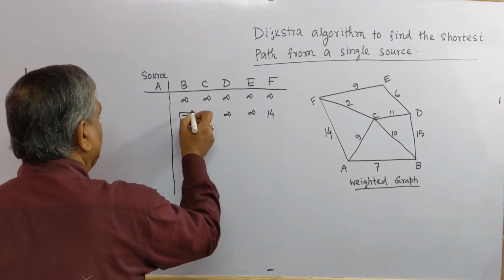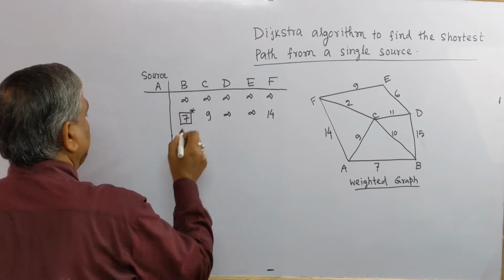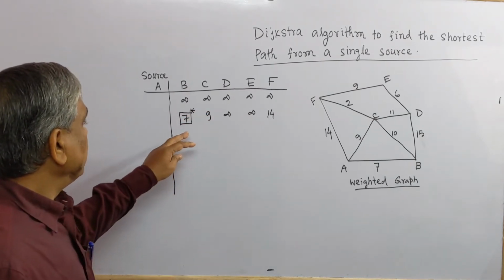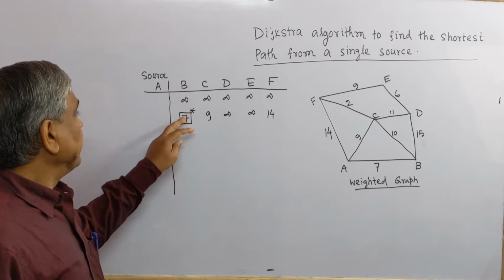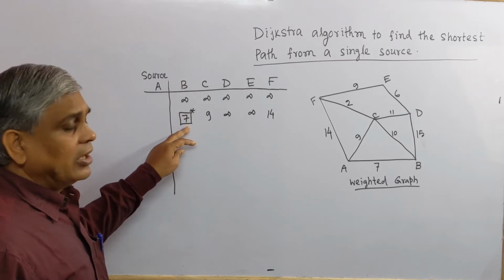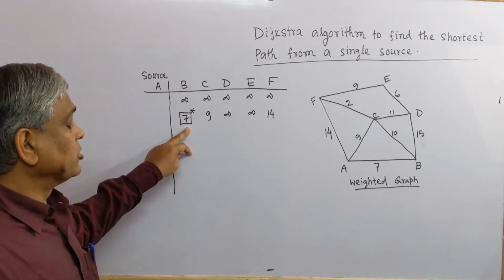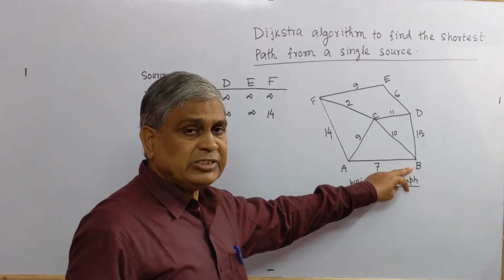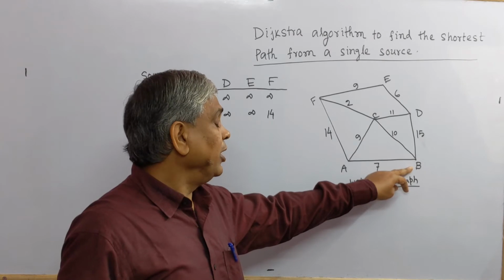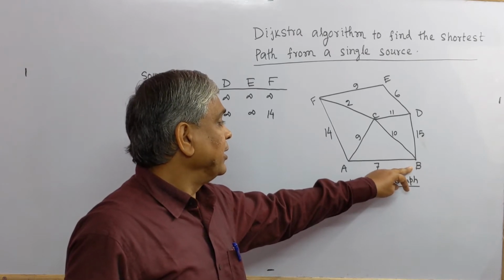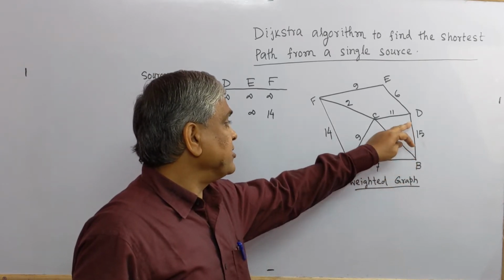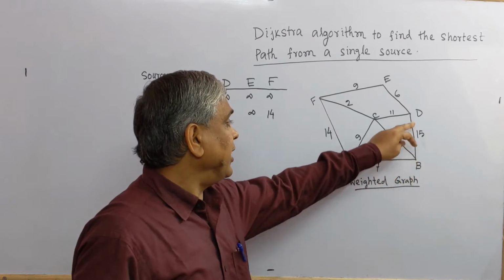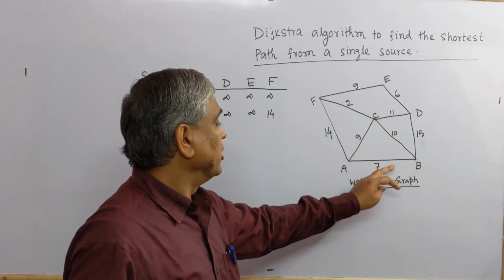We write here star because we select this vertex B as secondary source, and from this vertex B we will write the distances of the adjacent vertices.